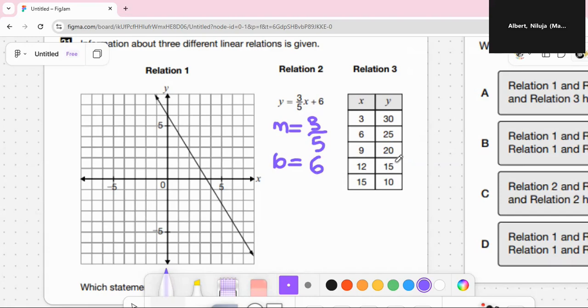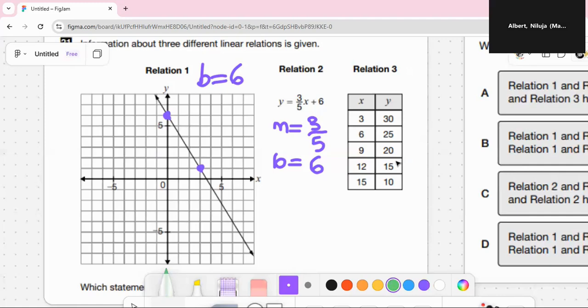Now for the graph, remember the y-axis is where the y-intercept lies. So b is also equal to 6. But if I look at my rise over run, I'm going to highlight two key points in the graph.